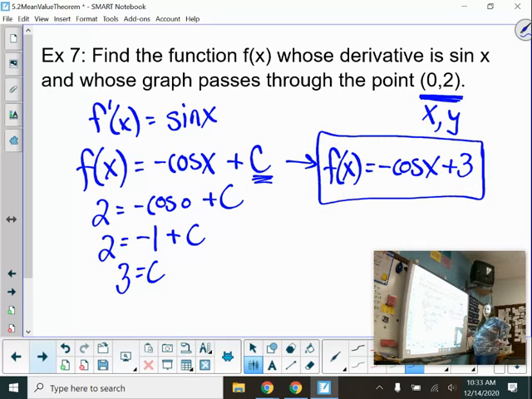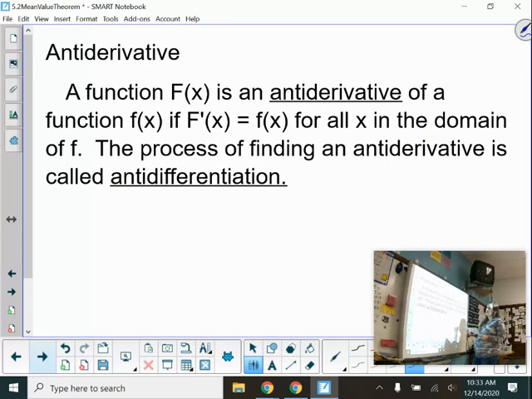So again, you're thinking about working backwards. By the time we get to chapter 7, we will actually look at formulas for antiderivatives, which is what we're finding here. But for this section, they really just kind of want you to think backwards. So again, antiderivatives, that's what I just talked about. Your function, and usually they'll use a capital F of x to distinguish that you had taken an antiderivative, and I know I didn't do that in the previous question, but I will try to do that from here on out.